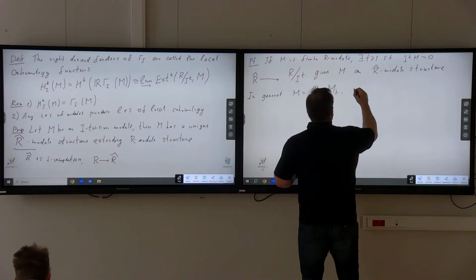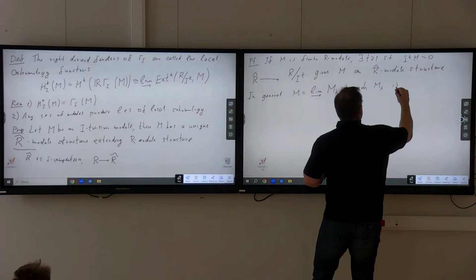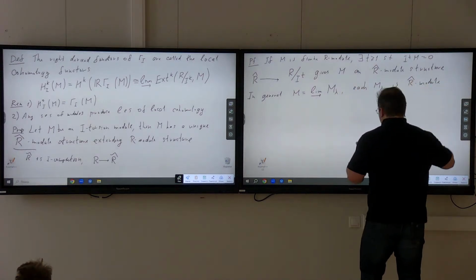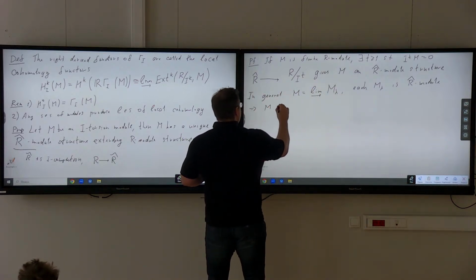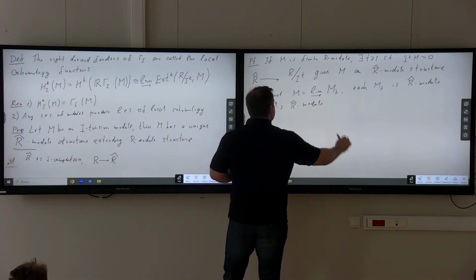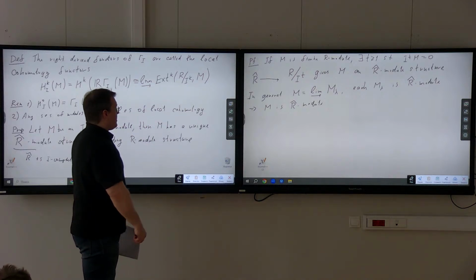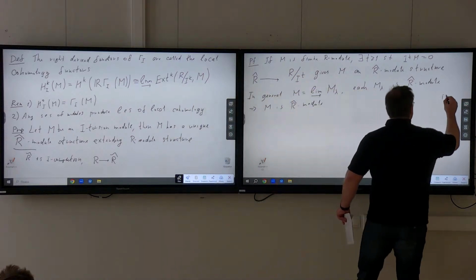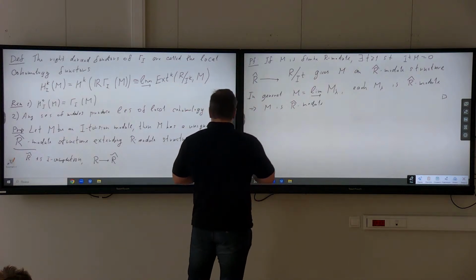Now, each M lambda is an R hat module, and so M is also an R hat module. We can compute this limit in the category of R hat modules.